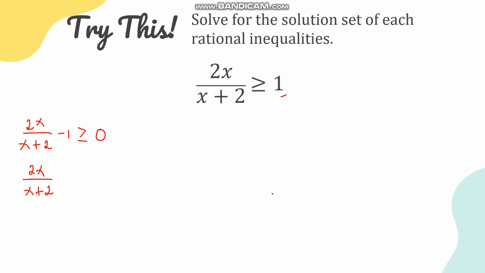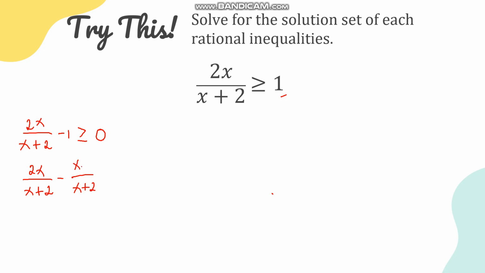Okay, now since this is a rational expression, we have to express 1 also as a rational expression. And since the operation is subtraction, that means their denominators must be the same. So whatever the denominator of the first rational expression is, we will also use it for 1. So we will write here x plus 2. Now what will be the numerator?